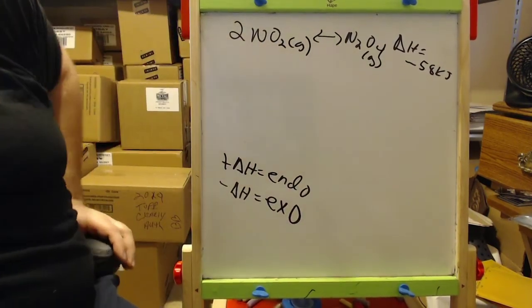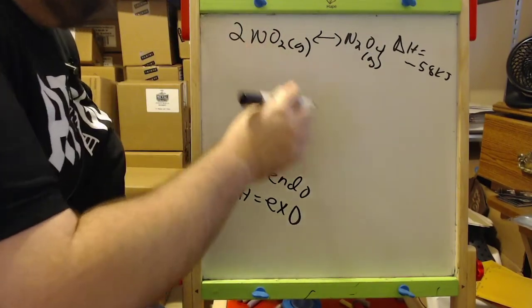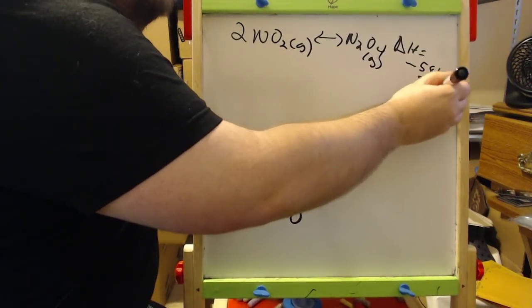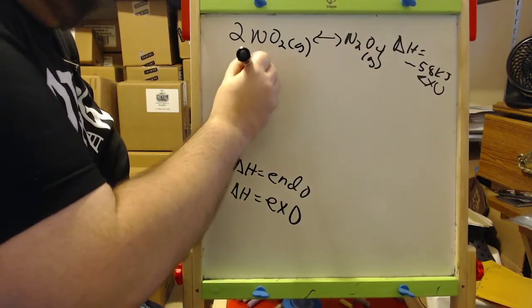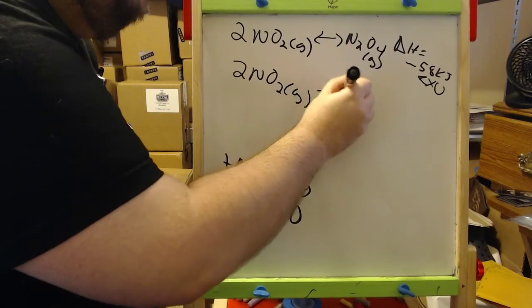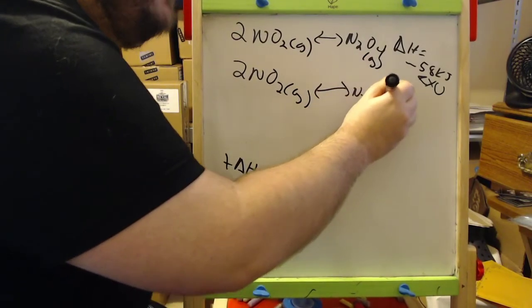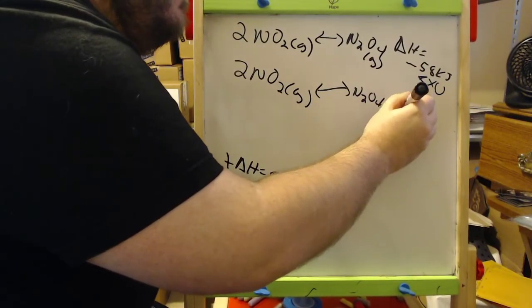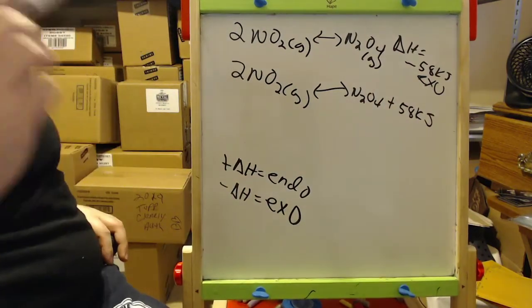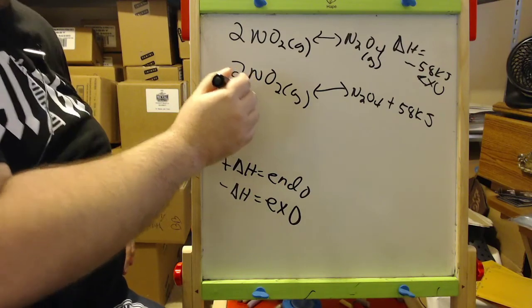In the slides, they take that information and rewrite the equation: if I'm an exothermic reaction, then heat is a product. That's going to be important with Le Chatelier's principle. Heat is a product in this reaction, so that's why they write it as plus 58 kilojoules. If I was an endothermic reaction, that value would be over here on the reactant side.